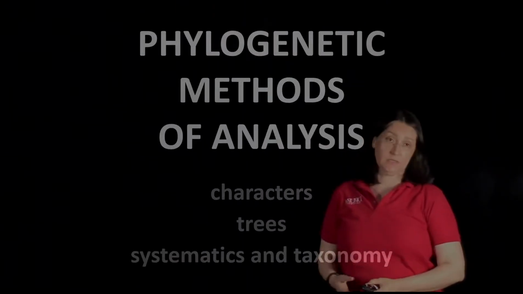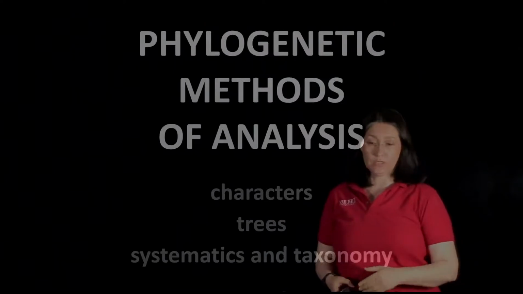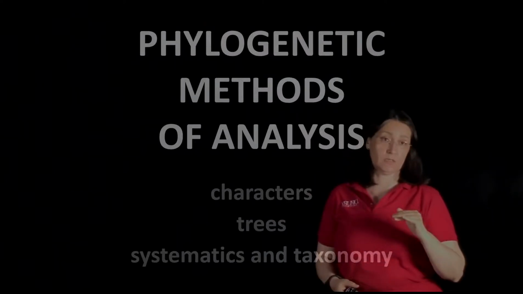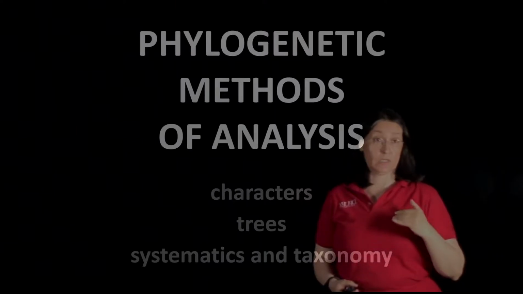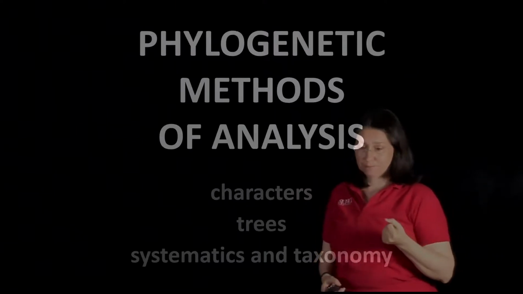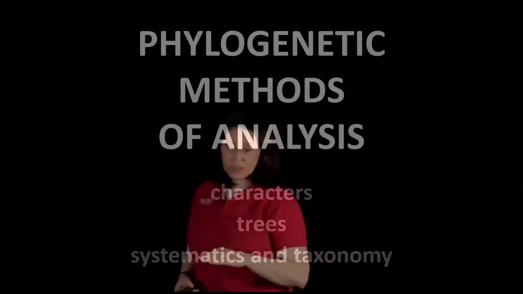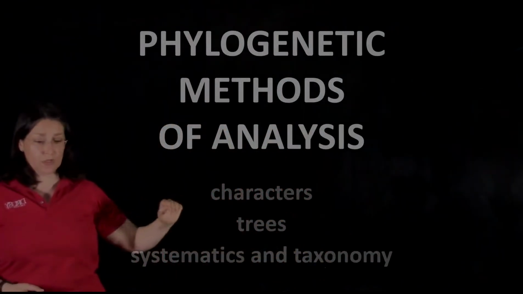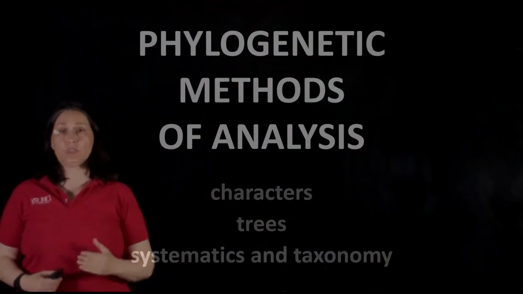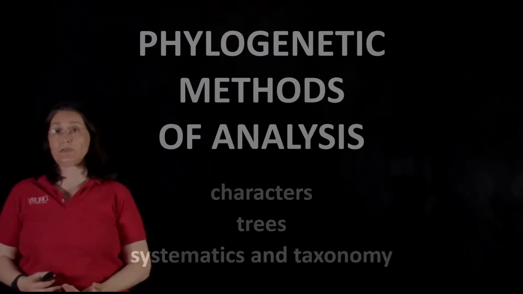In order to understand phylogeny, we'll need to learn what characters are, what evolutionary trees are, and what cladograms are, and so on. But two words that you have heard and used before are systematics and taxonomy. Those two words are used interchangeably to mean classification.